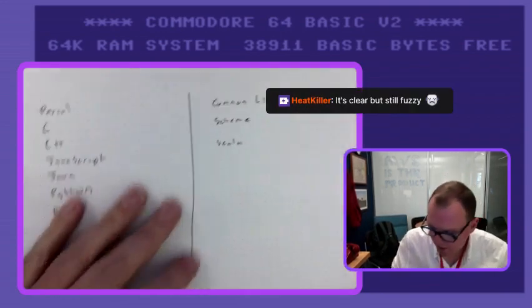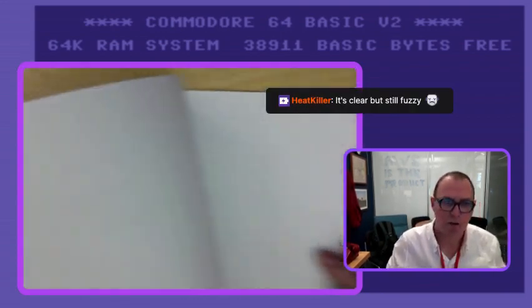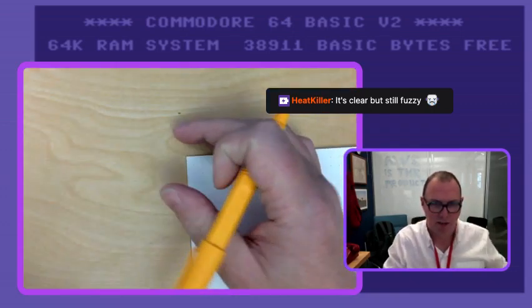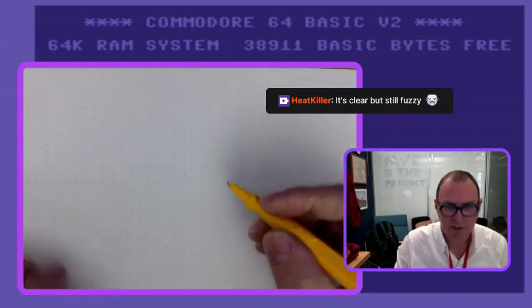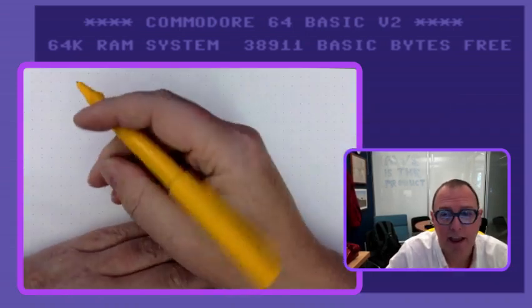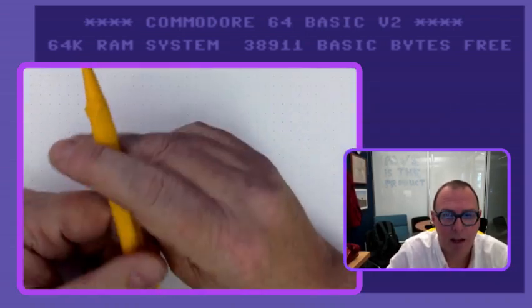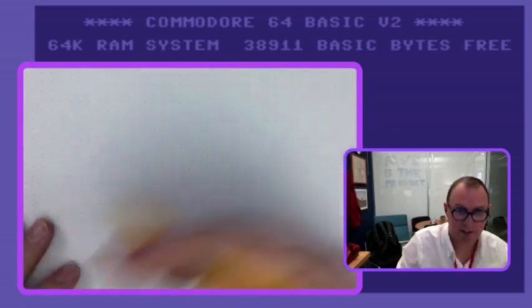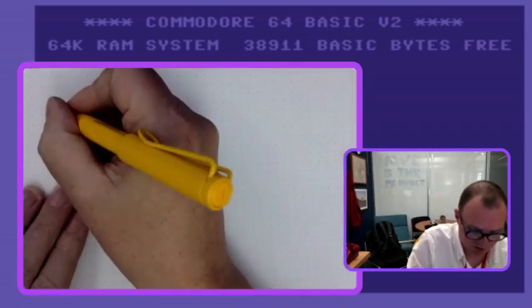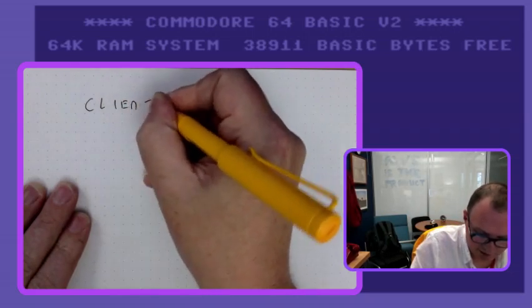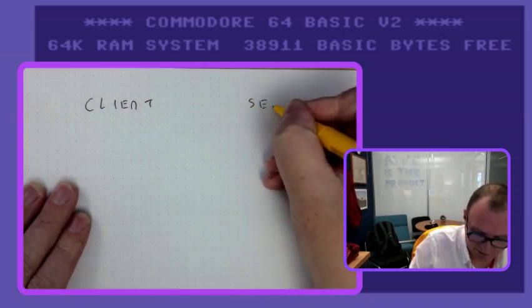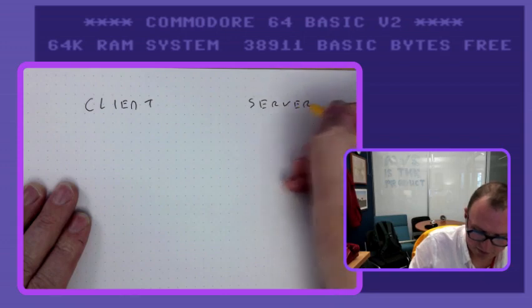So, at the core of doing SSL and TLS, there's a state machine. If you're doing an SSL negotiation, you've got a client and a server, and there's a bunch of states that you have to walk through.